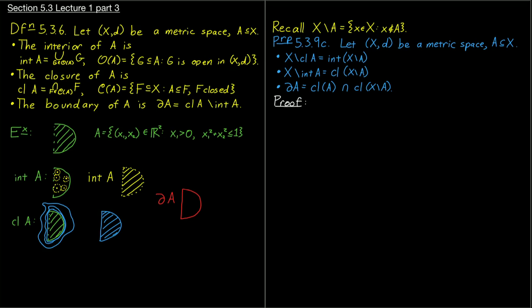So remember that the set C of A is the set of all F such that A is a subset of F, F is a subset of X, and F is closed.